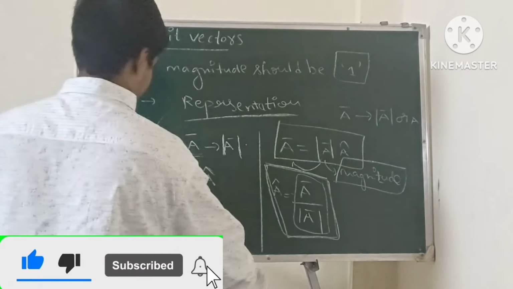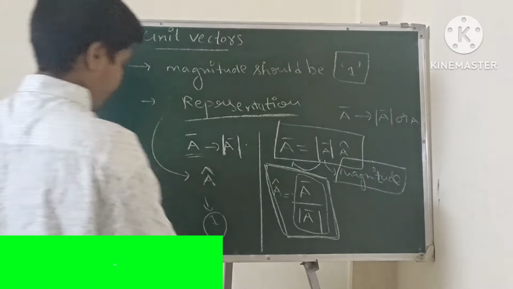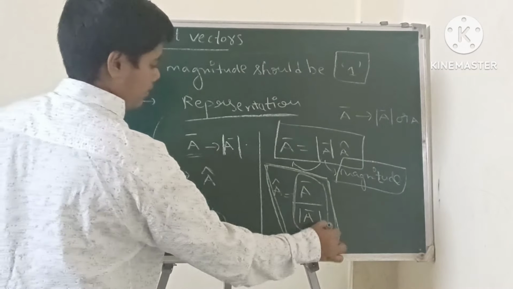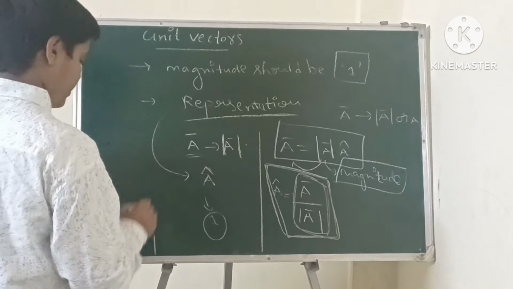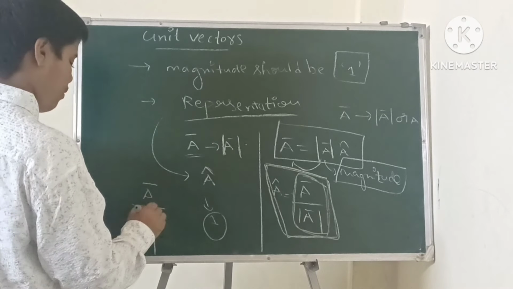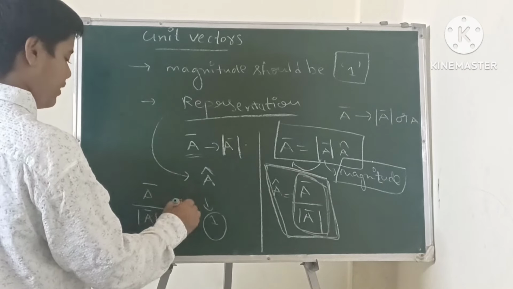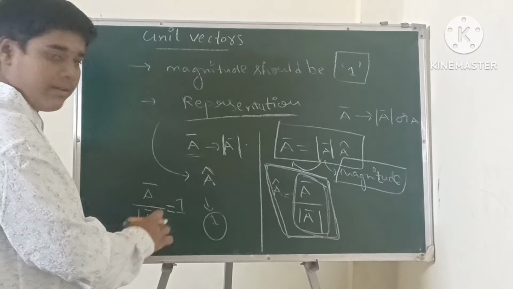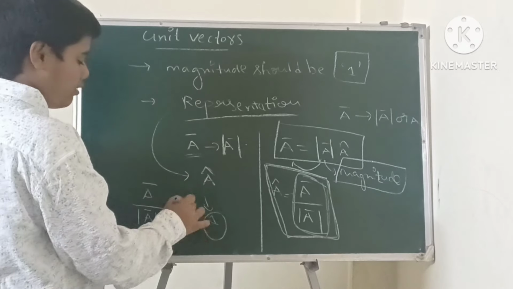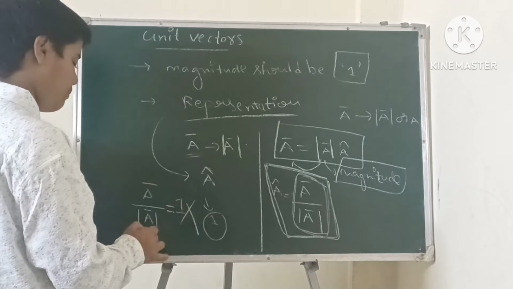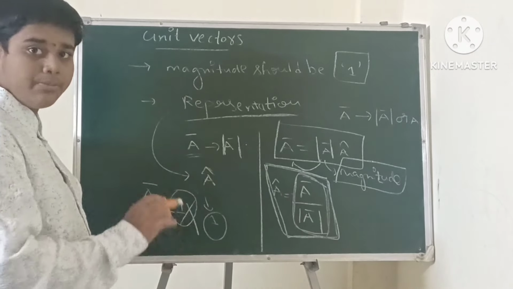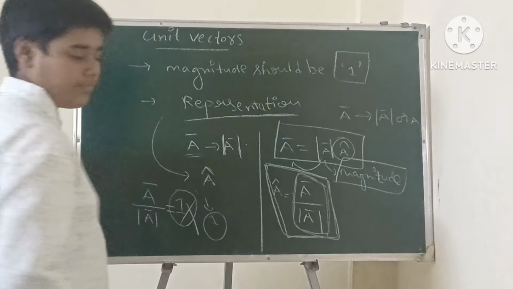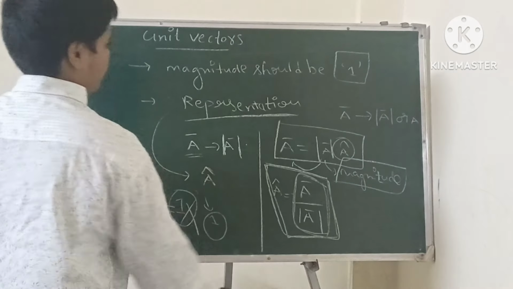In another question, they may say A bar by mod A bar means 1. This is wrong, because A bar by mod A bar is not 1. It should be a vector. So we have to take A cap. I will explain again. See.